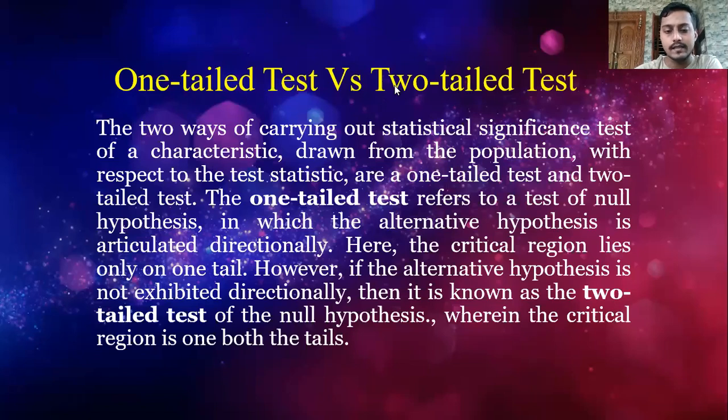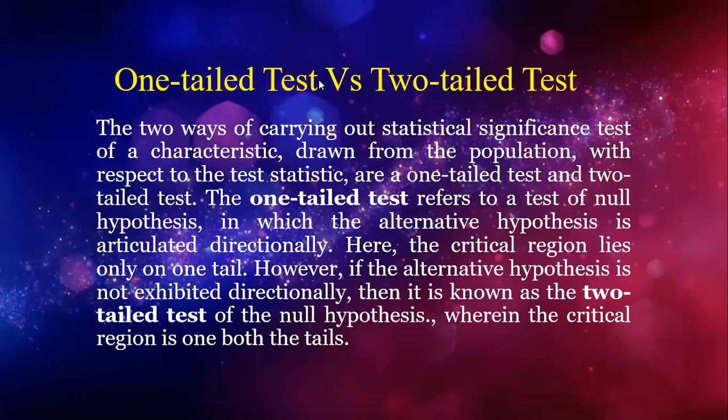Good morning, everyone. In the last class, we discussed hypothesis testing and the steps we need to follow while testing a hypothesis. We discussed that there are two types of hypothesis: the null hypothesis and the alternative hypothesis.